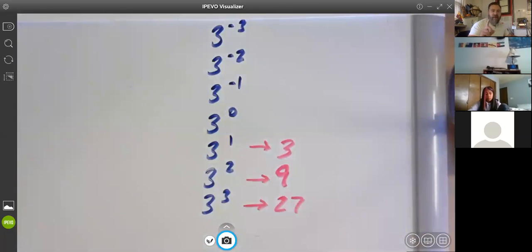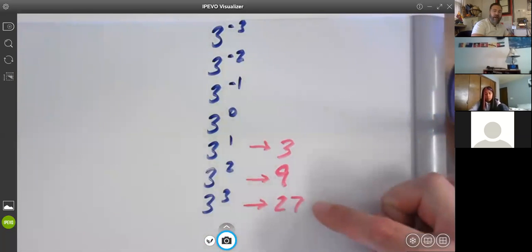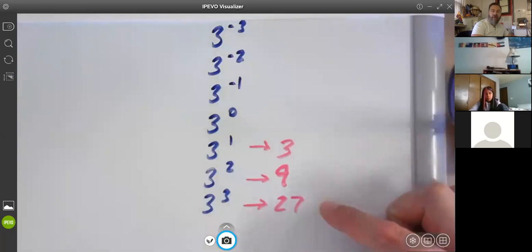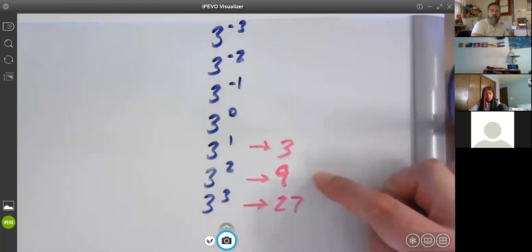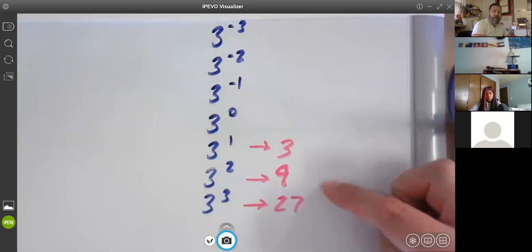But the part I want you to take notice of is that if I were to go in the backwards direction, starting down at the bottom and going this way, the operation I'm actually doing is called the inverse operation. If I start at 27 and want to get down to 9, instead of multiplying by 3, I'm dividing by 3. Dividing by 3 gets me to 9.